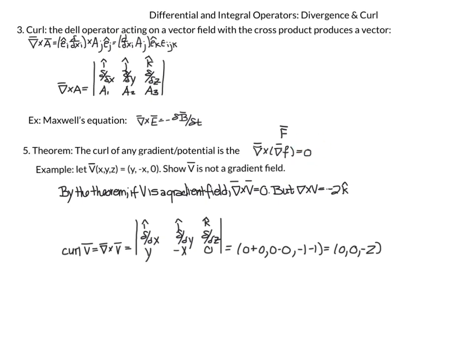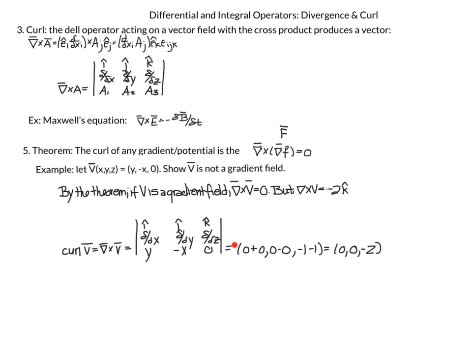So from our last example, we have our vector field v of x, y, z equal to ⟨y, -x, 0⟩. We want to show that v is not a gradient field, also known as a potential field. By the theorem, if v is a gradient field, then the curl of v is equal to 0.